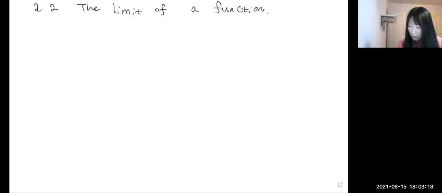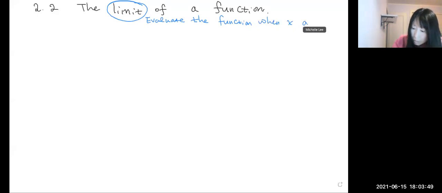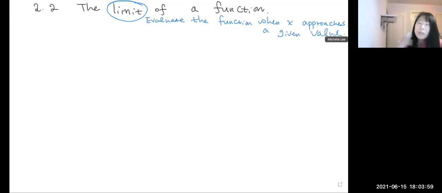So limit: we evaluate the function when x approaches a given value. Okay, so let us start easy, function first.